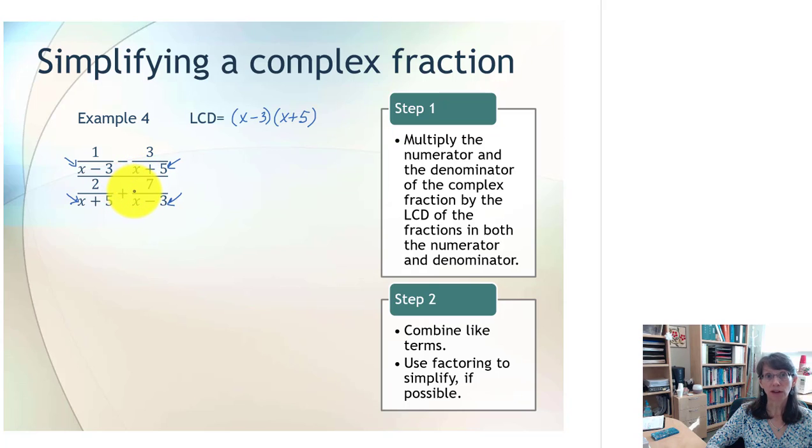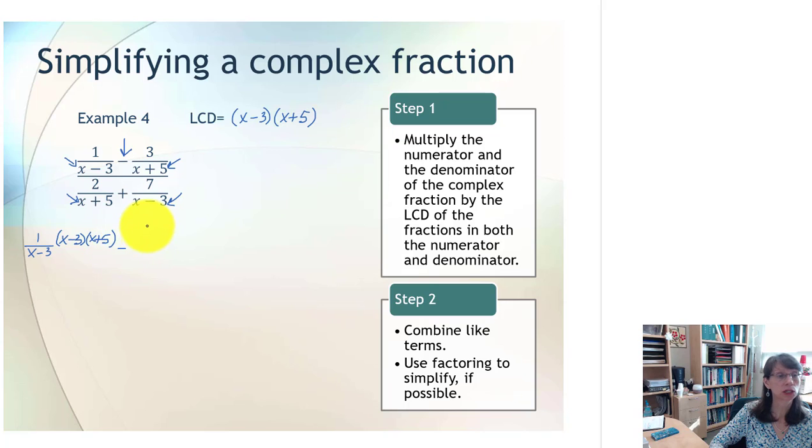So now what we're going to do with those factors is multiply every term in our complex fraction to eliminate fractions. So I'm starting with the first fraction, 1 over x minus 3, and I'm going to multiply that fraction by our factors in the lowest common denominator. Then I have a subtraction sign.